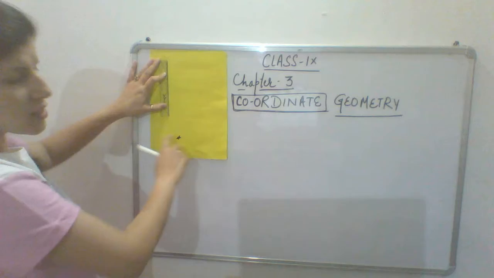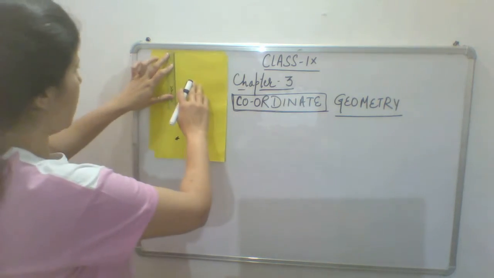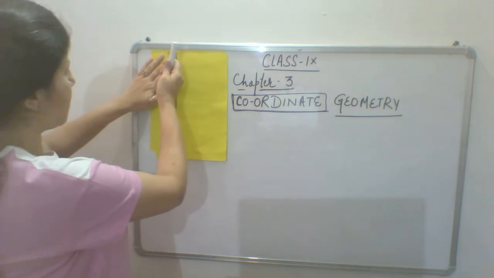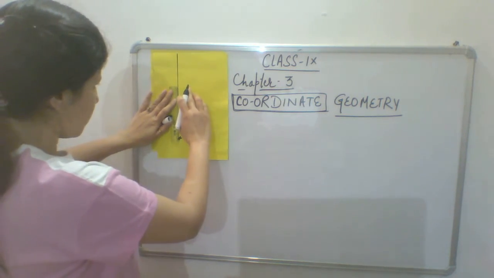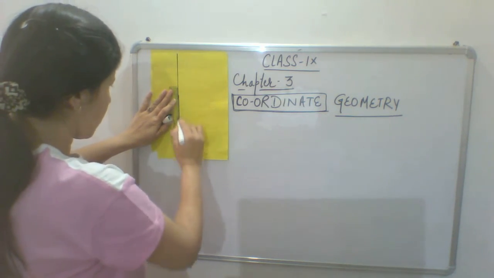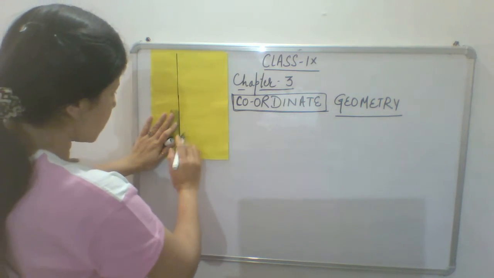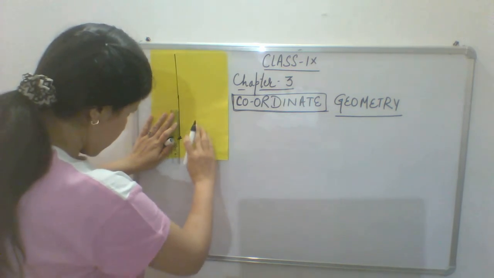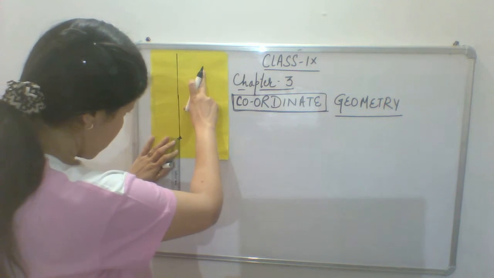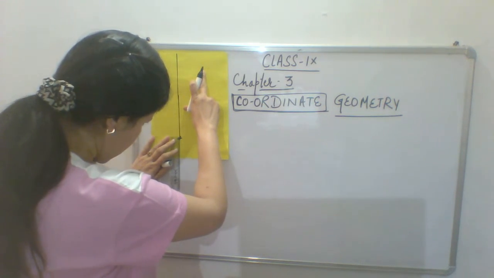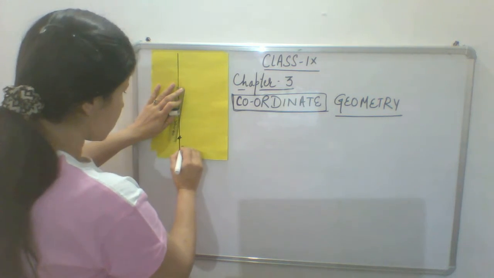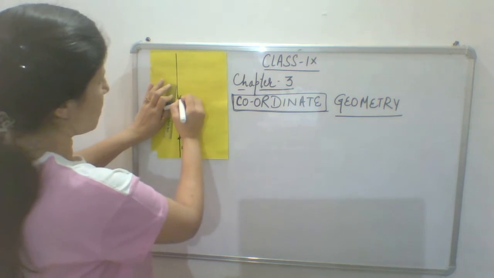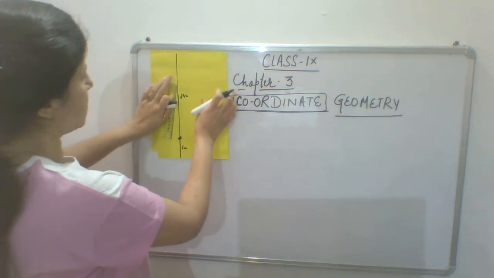Its distance from the upper edge is near about 24. Now let's calculate its distance from the lower edge. Its distance from the lower edge is 6 centimeter and from the upper edge it is 24 centimeter.